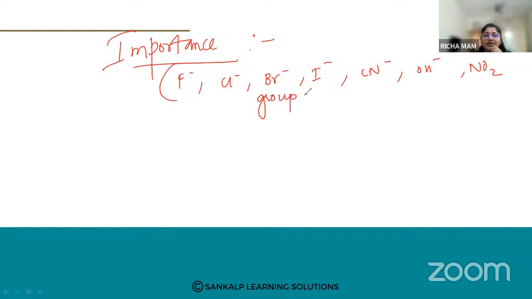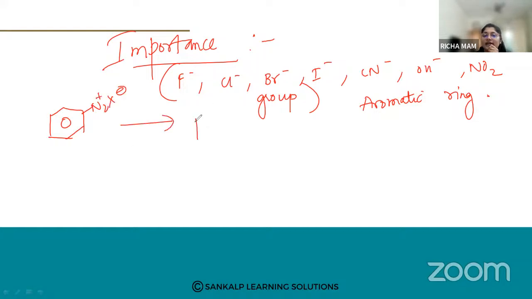So these different groups can be introduced into the aromatic ring by using the diazonium salts. You can get any aromatic substituted compound, right? Your X can be F, Cl, Br, I, or it can be CN, OH, NO2.